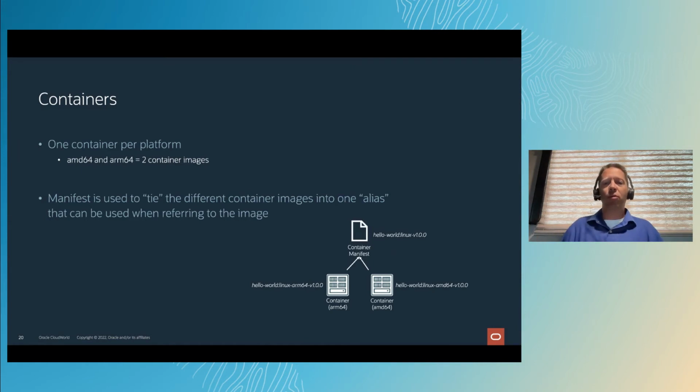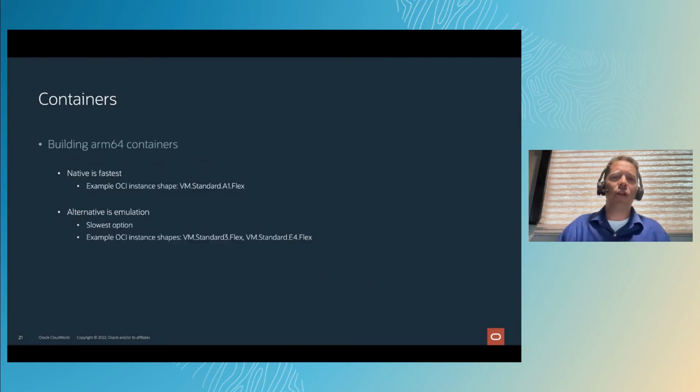As a host fires up and goes to pull down that image, it'll say, oh, I'm an AMD64 architecture, I need this container, and it'll grab the appropriate container out of that manifest. Likewise, if I'm an AArch64 platform, it'll look at that and say, I need the ARM64 version. Just referencing the one manifest name, I'm able to get that multi-architectural support without having to reference different container names for different platforms. So just be aware of that.